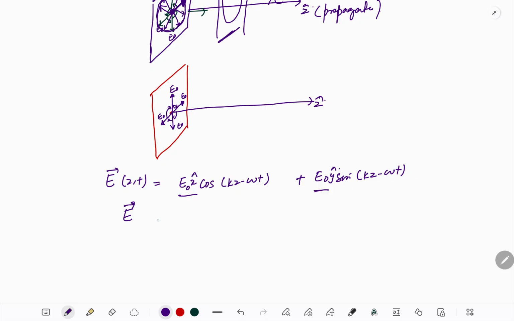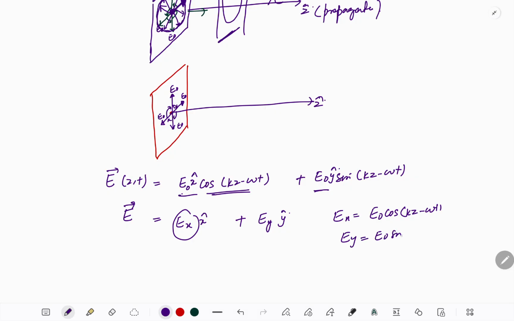Let's see how. If this is the electric field, we can write it as Ex x cap plus Ey y cap, where Ex is E naught cos of kz minus omega t, and Ey is E naught sine of kz minus omega t.